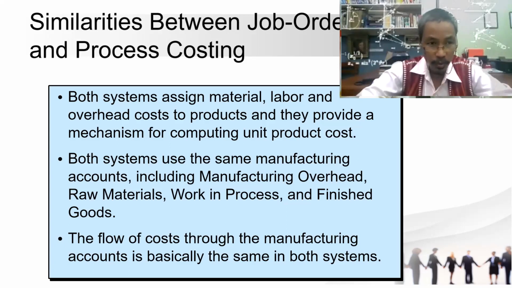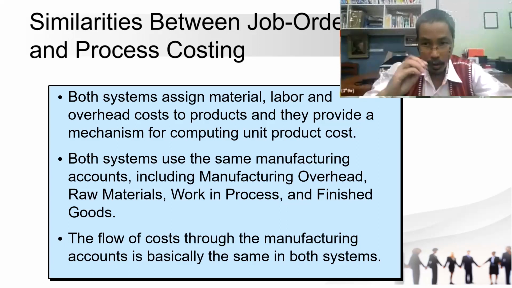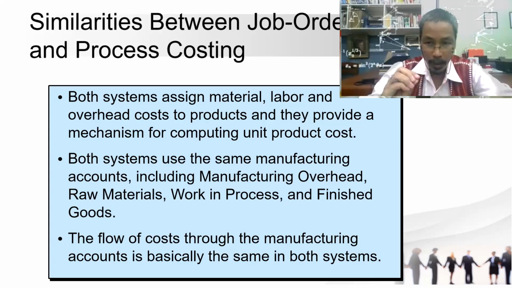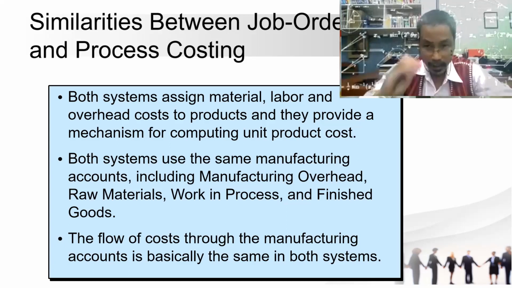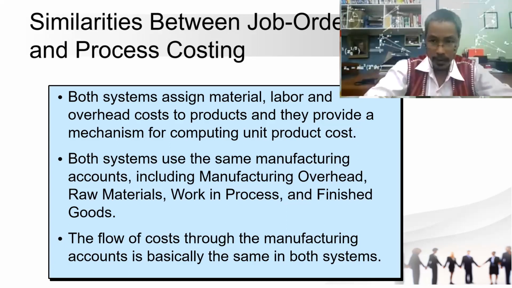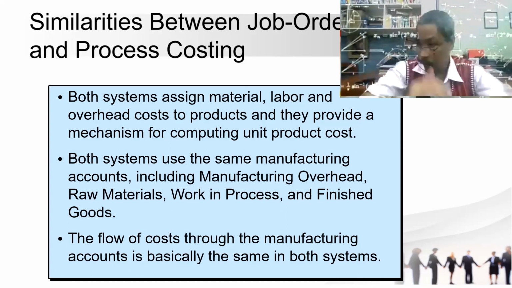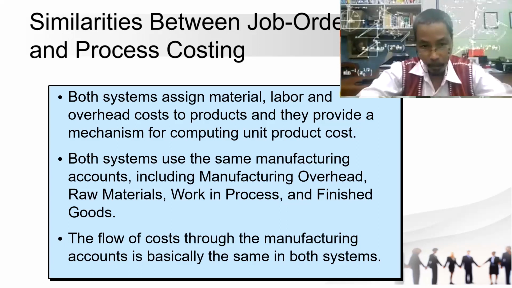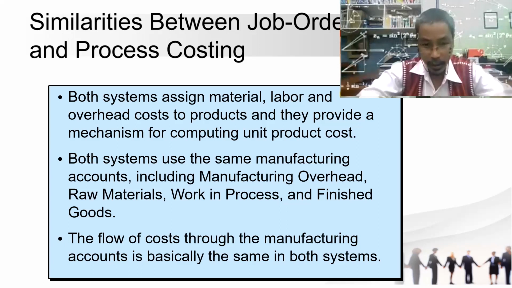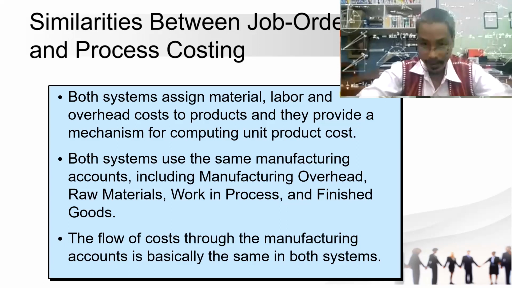Account names are important because they are the ones we are going to use in our accounting records, in journal, in ledger, in our posting, in our journal entry, okay. So we can see work in process, finished goods, raw materials in our account titles, account names.